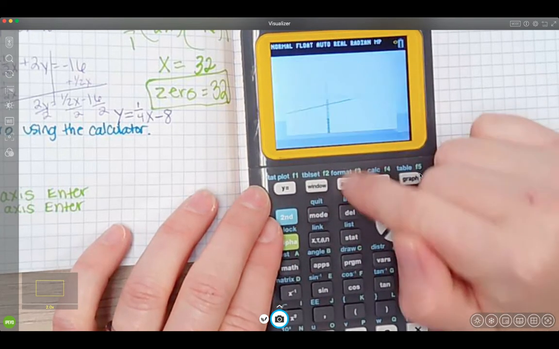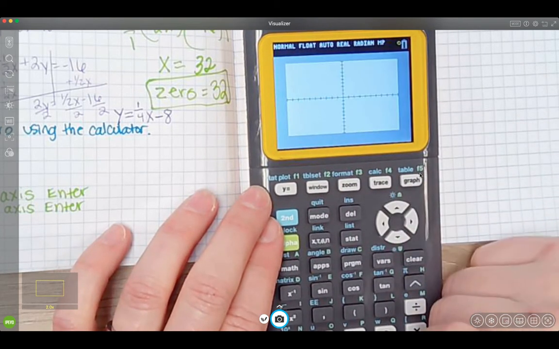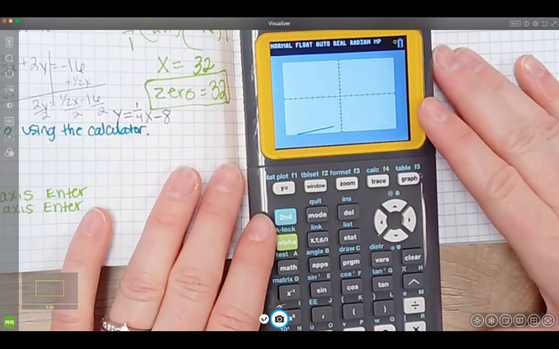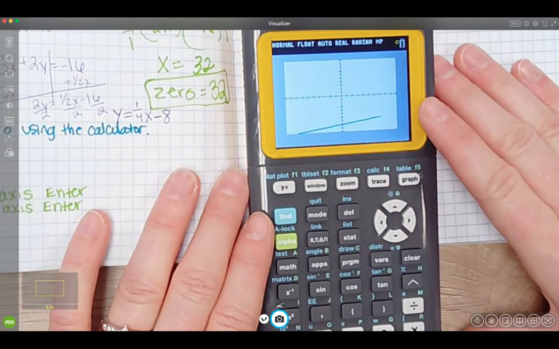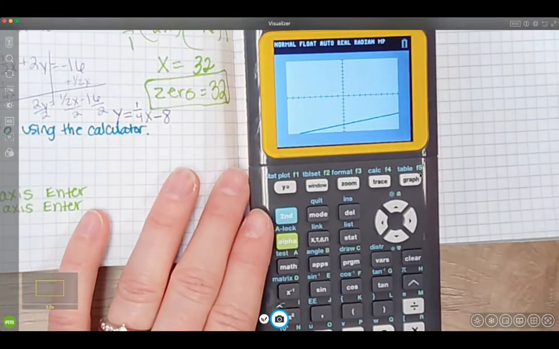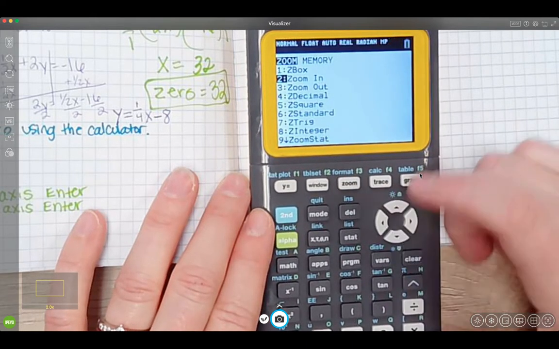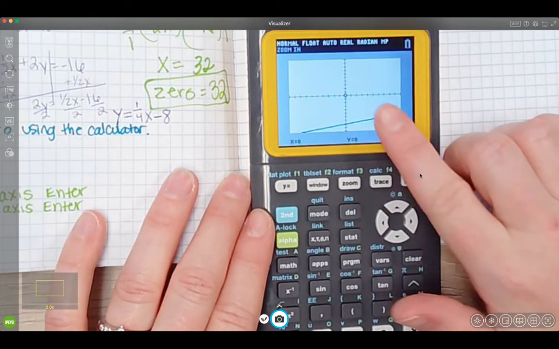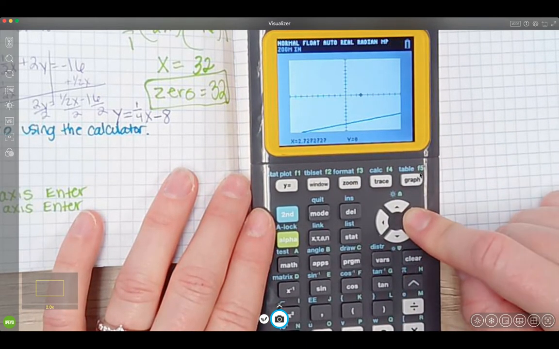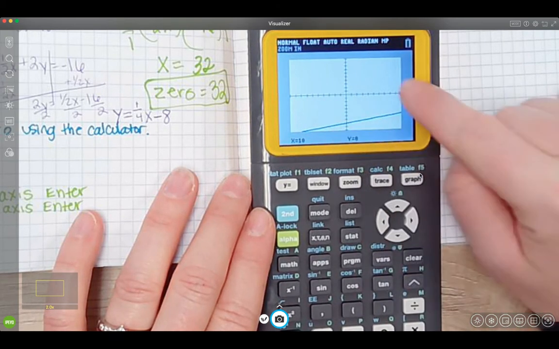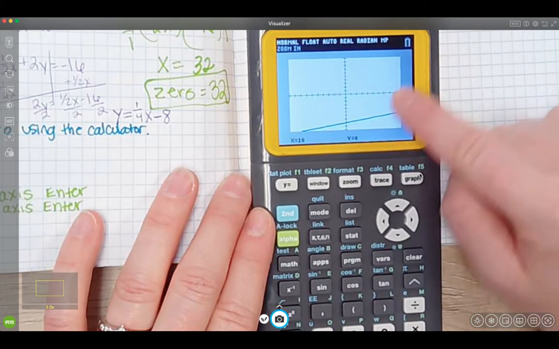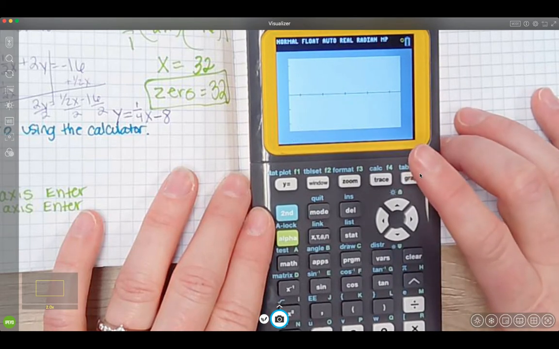Okay, so it was at standard number 6. Here, I'll show you again. So that's standard. So I'm going to zoom in, but I'm not just going to push enter. I'm going to move my cursor over because I know it's over here somewhere. My x-intercept's over here. So push enter.